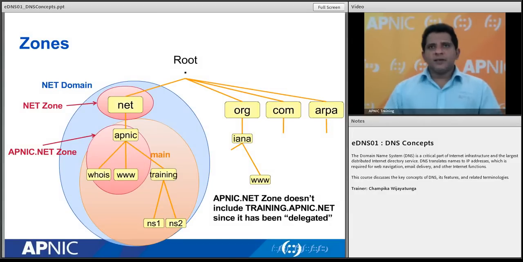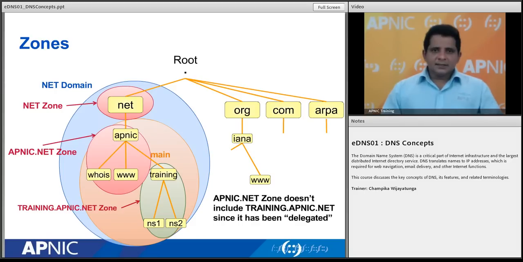And similarly, we can define our apnic.net zone in the same way. We have a delegation from apnic to training. So beyond training, that doesn't include into the zone of apnic, because once apnic has delegated the training to another party, the child party has to look after the data inside that delegation.